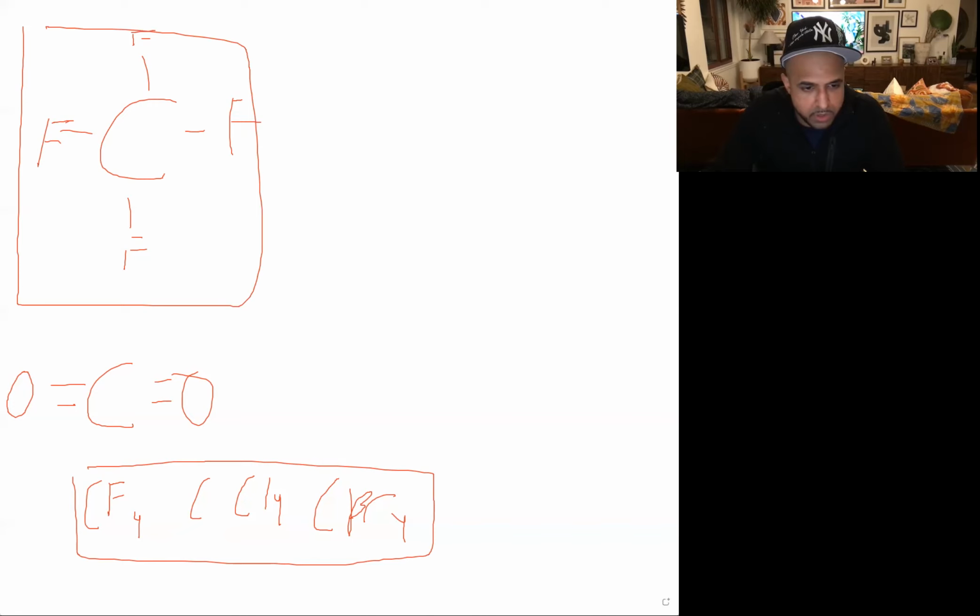I want to give a few more examples to check people's understanding. Most of them are carbon-based. You really don't have more examples than this, but let's mix them up. So CBr4, is it polar or non-polar?